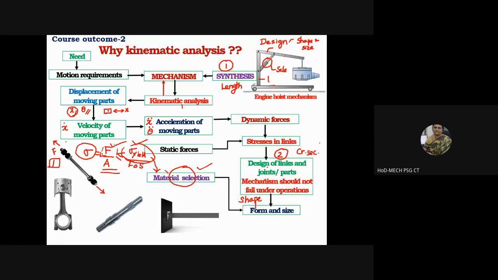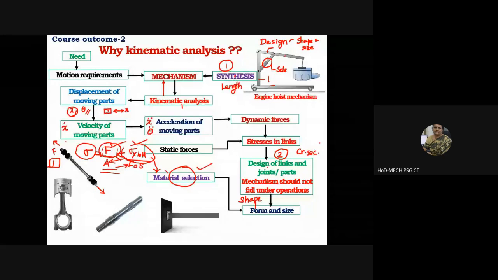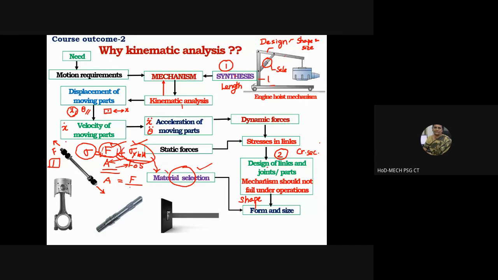I also should know the forces acting on the member. Then the area of cross section will be the force that comes on the member divided by the permissible stress.